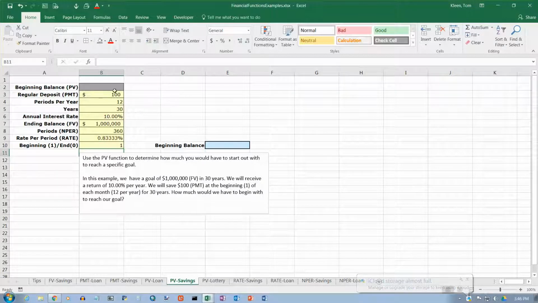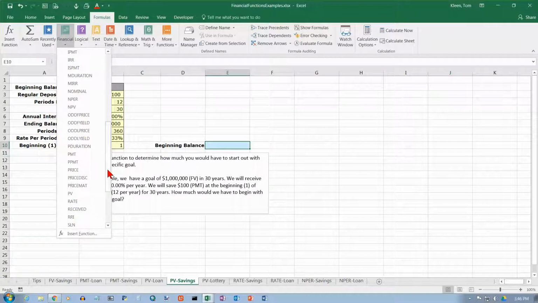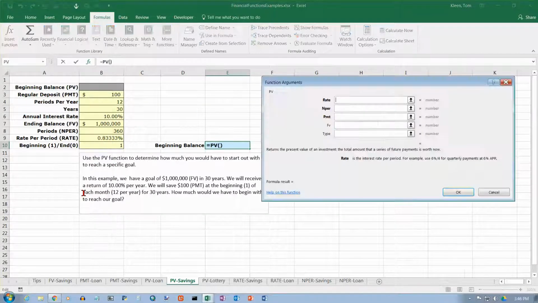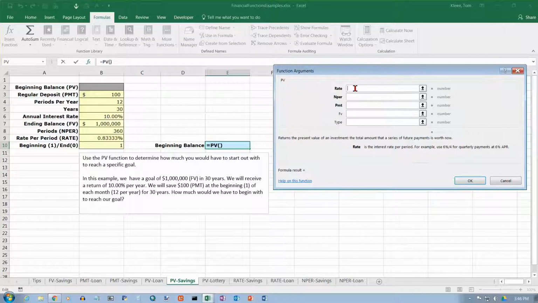So we're trying to find the PV, so let's go over here in the blue box in E10, and let's go up to formulas, and let's go to financial, and let's scroll down to the P's, and here is PV. So how much money would I have to have in savings already to hit a million? Maybe I wouldn't have to have anything, but we'll see. What is the rate per period?